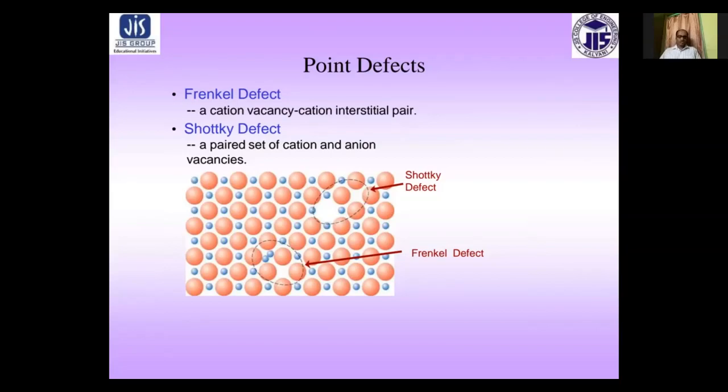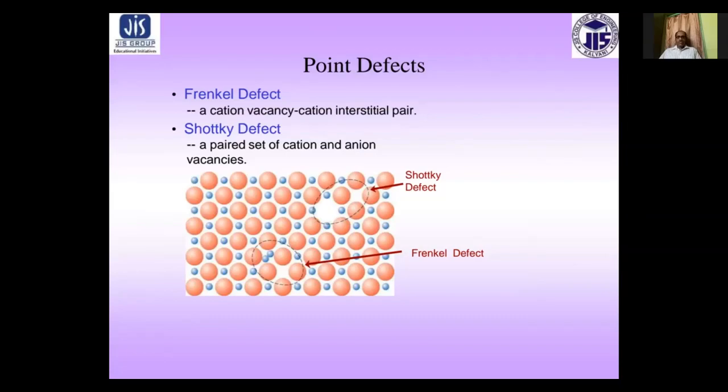These two defects together are called a Frenkel defect. This can occur only for cations because of their smaller size compared to anions. When a cation vacancy is associated with an anion vacancy, the defect is called a Schottky defect. Schottky defects are more common in ionic solids because the lattice has to maintain electrical neutrality.